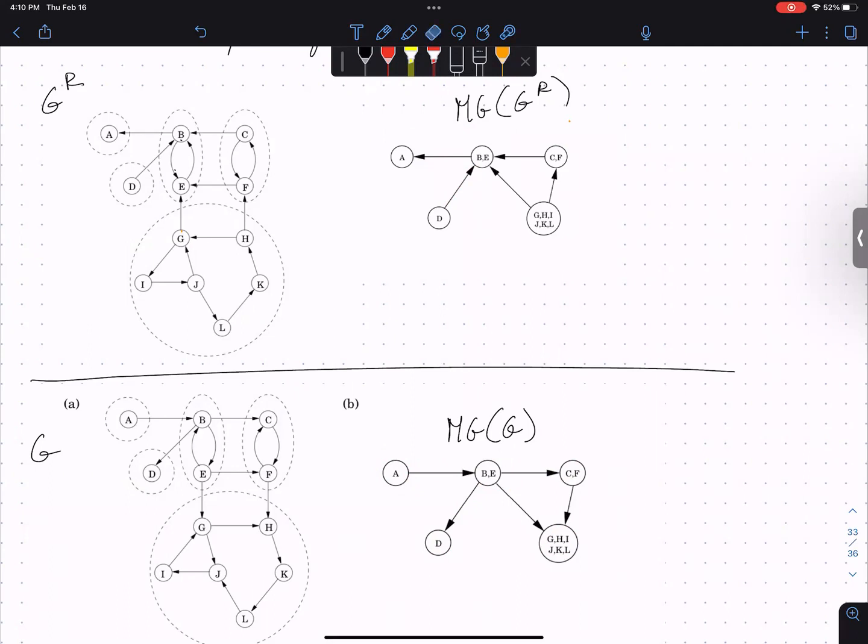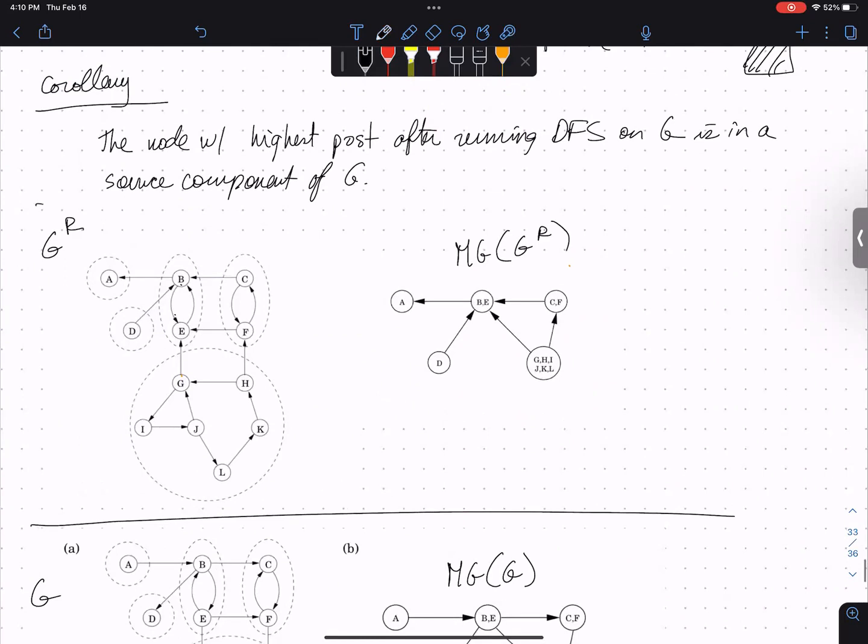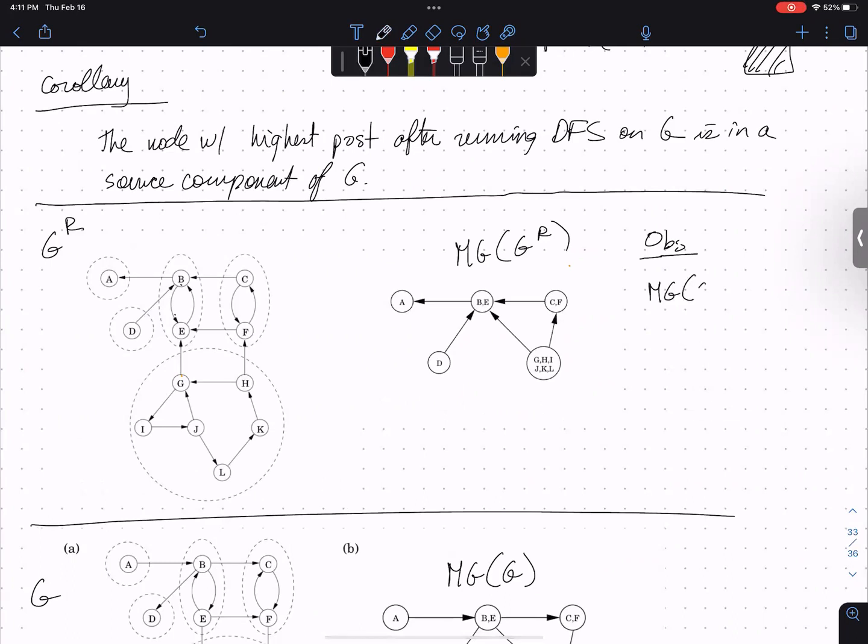So the reverse, this edge meant that there was an edge from B to A. Well, now there's an edge from A to B. So it goes the other way. So the observation here is that the metagraph of G reverse is equal to the metagraph of G reversed.